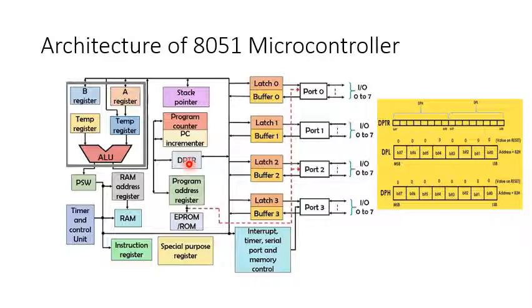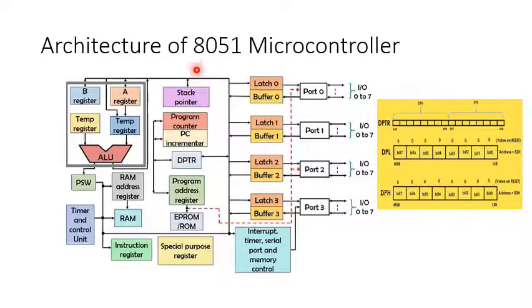The data pointer higher address is 83H and data pointer lower address is 82H. Each register can be used as a general purpose register to store 8-bit data and can also be used as memory locations. Data pointer does not have a single internal address. It functions as a base register in base relative addressing mode and in direct jump.